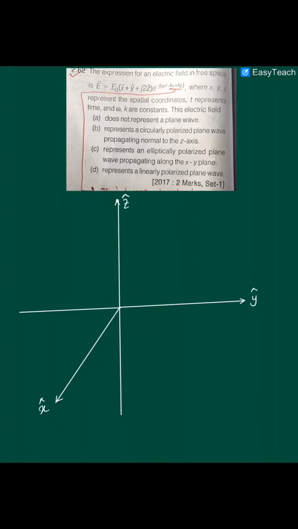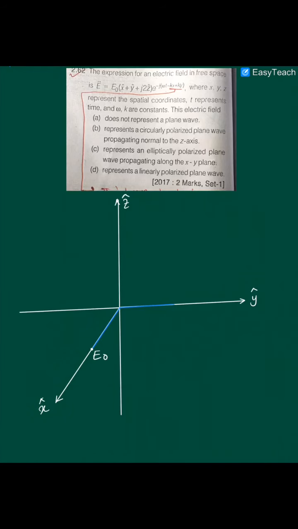To identify the state of polarization, let us try to draw the electric field components for this particular electric field E. Right, so for the x component we have magnitude E naught, so you can draw it this way. This is basically your E naught in the direction of x. And similarly for the y cap direction, the magnitude is E naught, the same length.